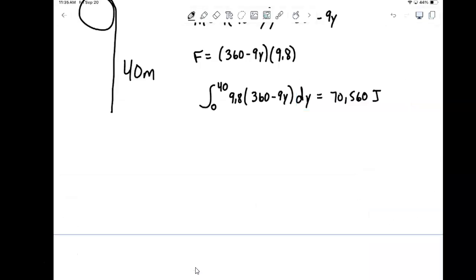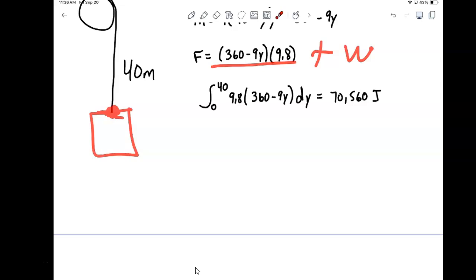Now, in the homework, you're going to run into a problem similar to this. It's actually going to have a part B where it says, what if we now add a weight onto the end of the chain? So we're now lifting the chain and that weight. Well, we're always lifting that weight. So the force required will just be the force to lift the chain plus whatever object we're lifting.